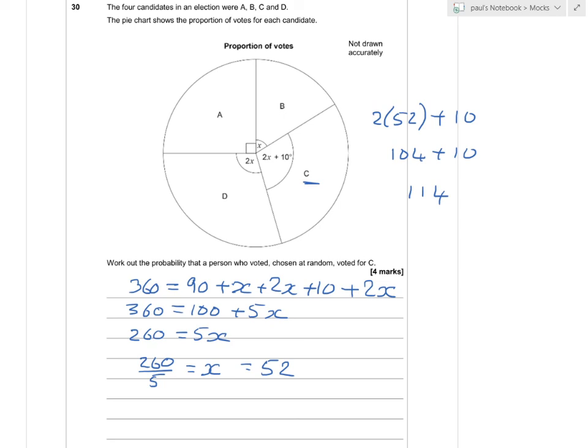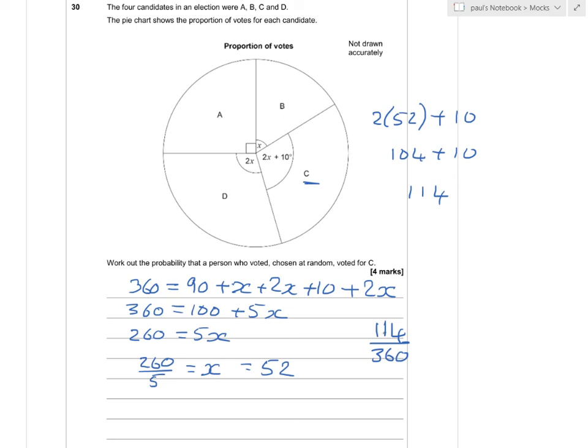Question 30. The probability that they're going to vote for that is going to be 114 out of 360. Right, can we simplify that?